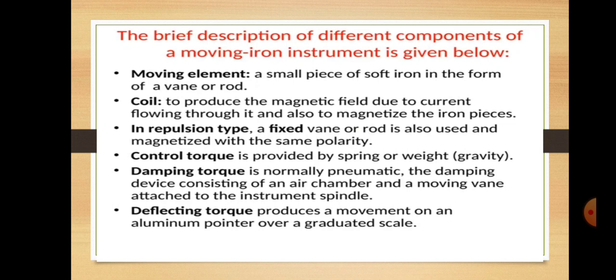Then the next element is, in the repulsion type, a fixed vane or rod which is also used and magnetized with the same polarity. Like the moving element, we are again using a rod or vane here. Then the fourth element is the control torque, which is provided by spring or weight.